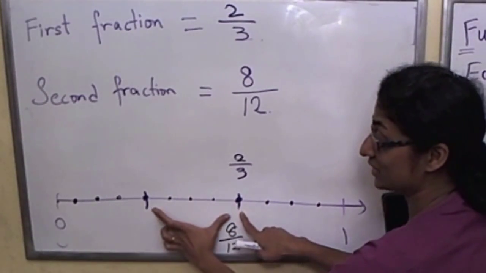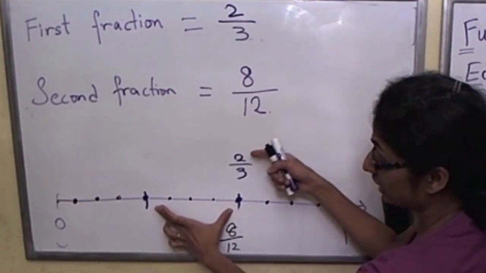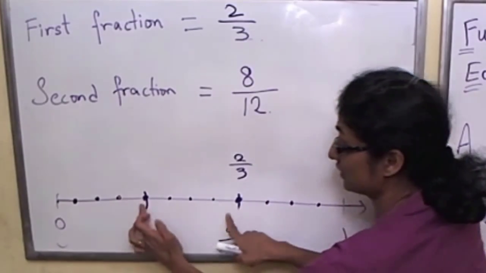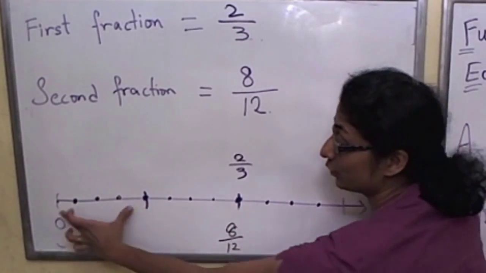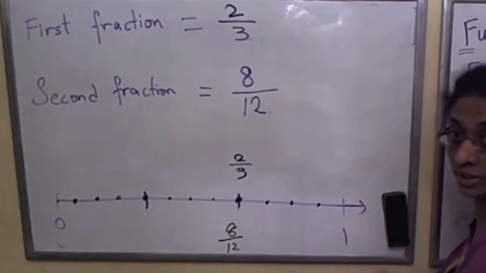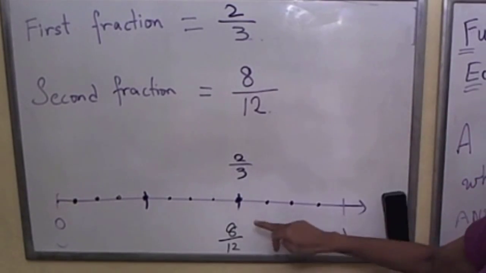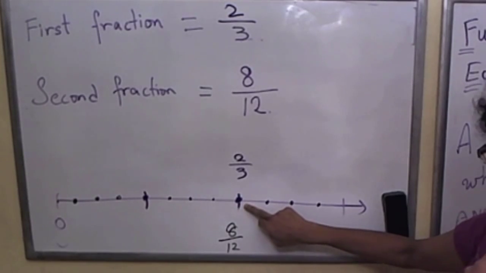But next time when I went about making 4 equal pieces, this piece got cut up into 4 equal pieces, and this copy of a third also got cut up into 4 equal pieces. So 4 and 4, 8. 8 over 12. So it looks like these 2 fractions are once again the same point or the same number.